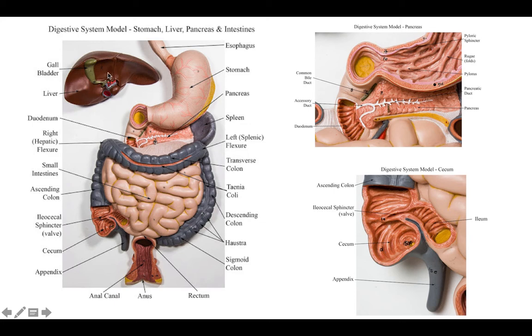That's because hepatic refers to liver, and the liver would be here, right? So here's the right hepatic flexure. And then as you go through the transverse colon, then you have the left splenic flexure. And as you can guess, that's because the spleen is right here. So there's your spleen. So again, that's another important feature to know, that your spleen is there just below the stomach. It kind of goes stomach, pancreas, and then spleen off to the side here.